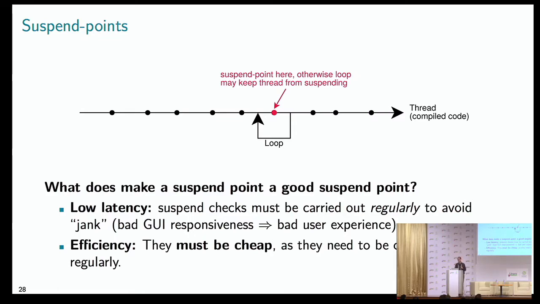So you need to put a suspend point inside the loop to make sure that every thread can spontaneously suspend if it is requested to do so. As we need to put suspend points often in the code, they obviously need to be quite cheap, because if they take a lot of time to execute, they will degrade the performance of your compiled code.